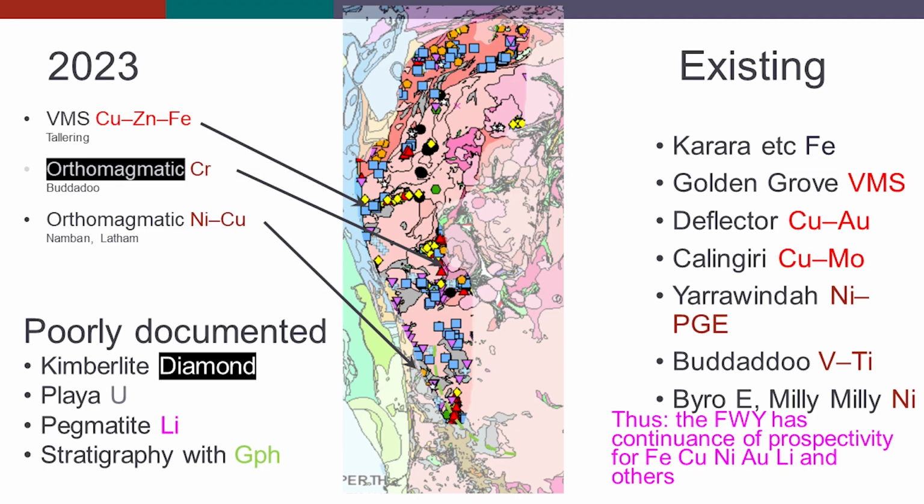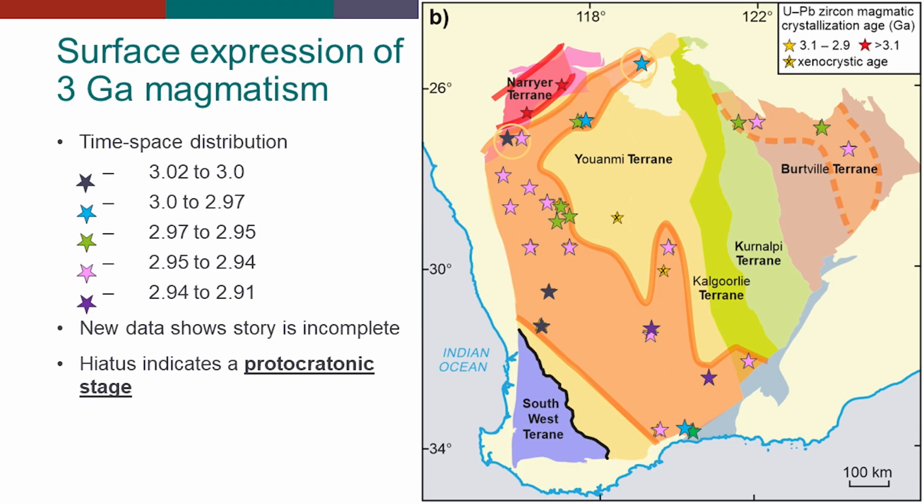as you go west. And this diagram from the paper we've released on the 2.9 to 3.1 Ga magmatism in the Youanmi Terrane shows that there are examples that stretch just outside of the Youanmi Terrane of the Southern Cross supergroup and the Thunderlaris supersuite.